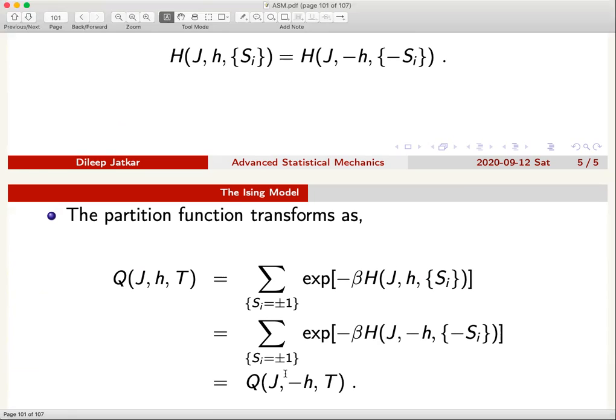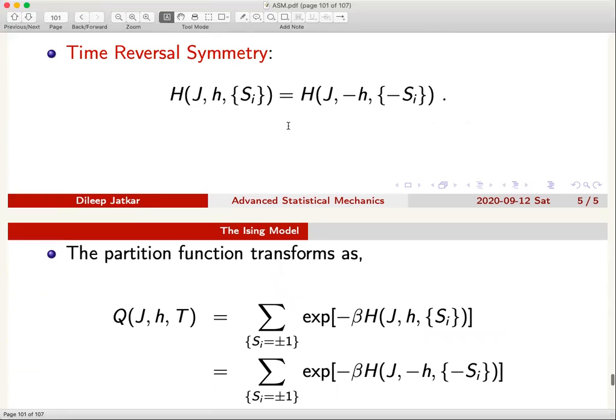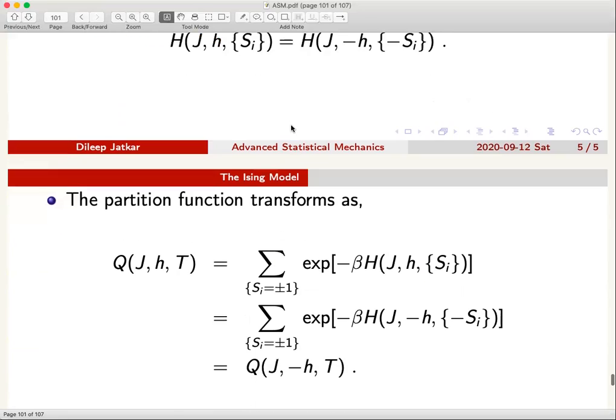But that corresponds to the partition function with only h flipping its sign. In other words, the partition function should be an even function of h. That's what we get by just looking at the time reversal symmetry of this Hamiltonian.